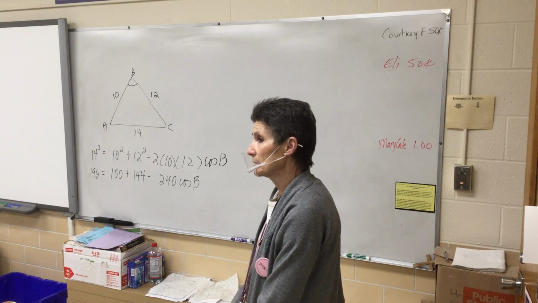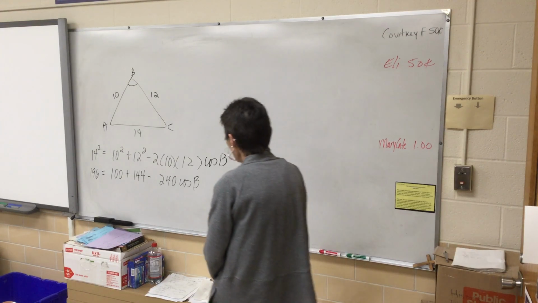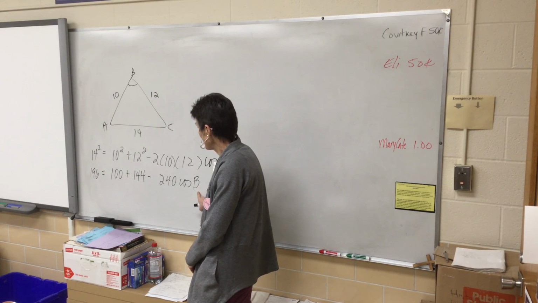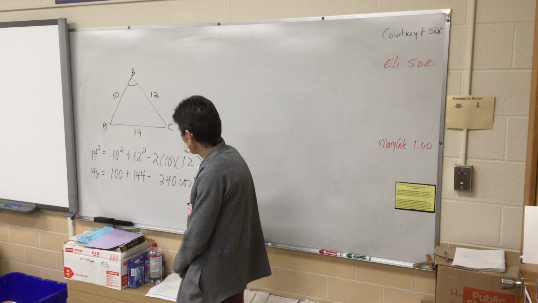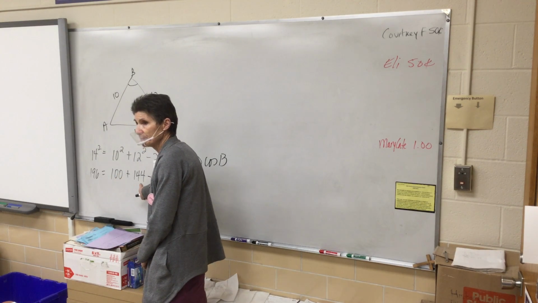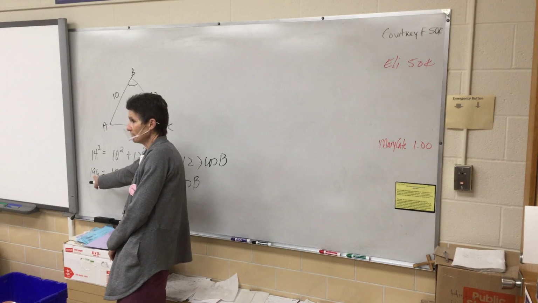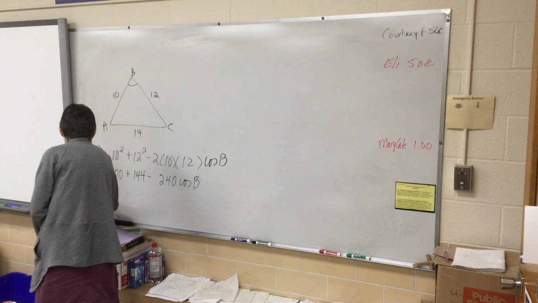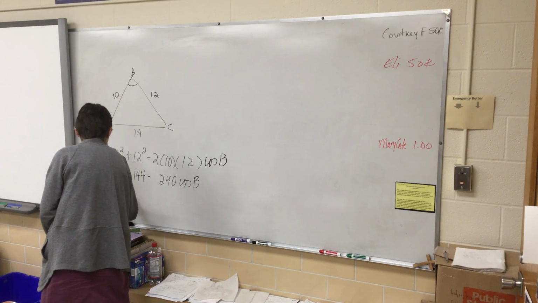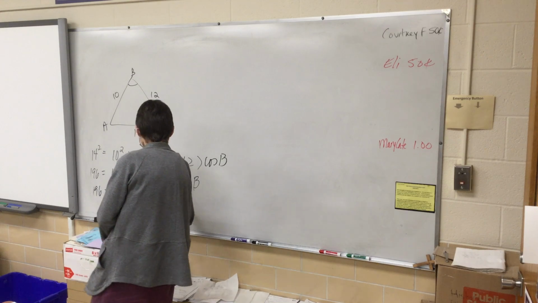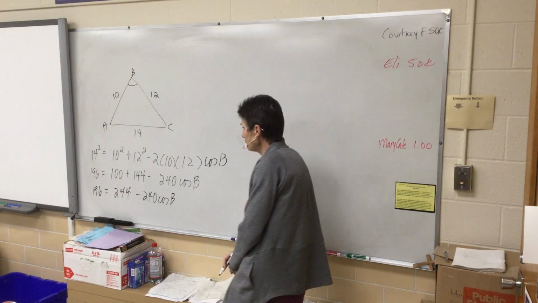Now remember, this is what you're trying to get by itself. So, can I add these two together and then subtract them over to that side? That's what I'm going to need to do. So when I add them together, I'm going to get 244.